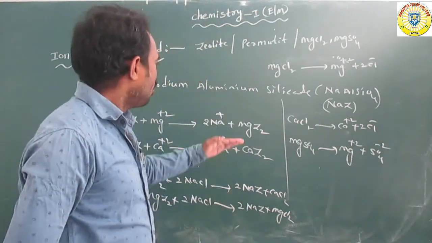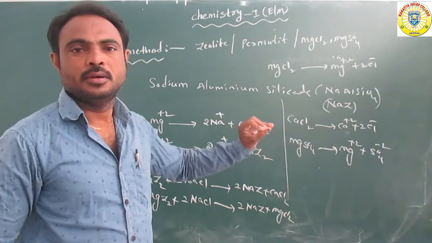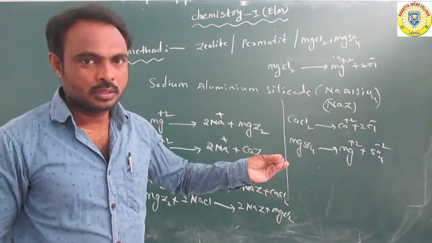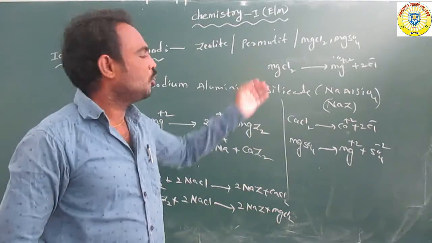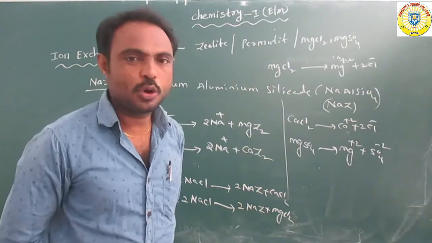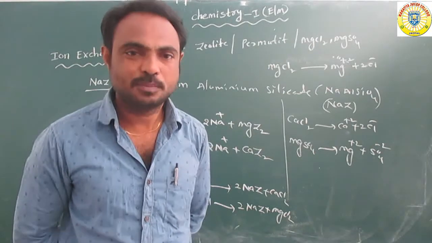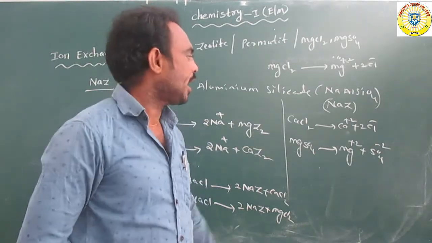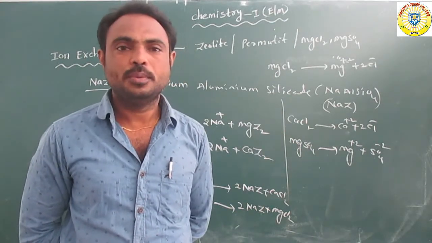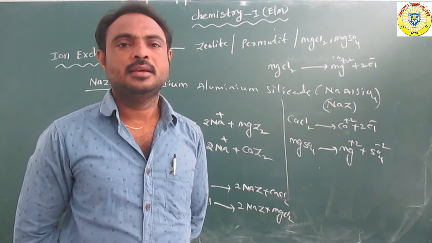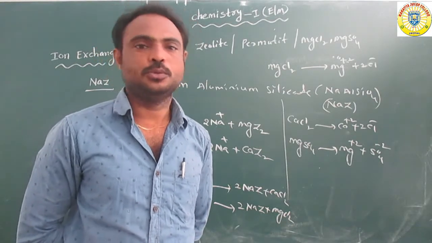When we add permutit to hard water, the salts of magnesium chloride or magnesium sulfate, calcium chloride or calcium sulfate are ionized into ions: Mg plus 2 plus 2Cl minus, or Mg plus 2 plus SO4 minus 2.